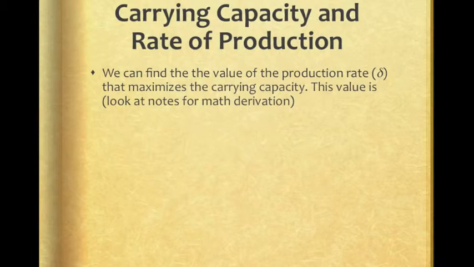You can find it through a very simple analysis, and I did some notes for the derivation that I've included with this lecture. You can find the production rate, the rate at which you're consuming nature, that will help you maximize the population that's sustainable by the system. So that's an interesting concept.